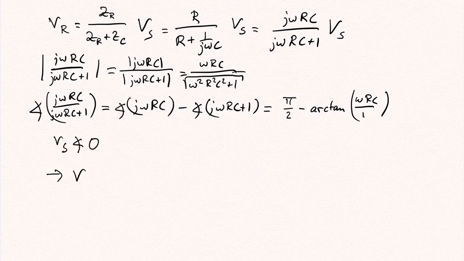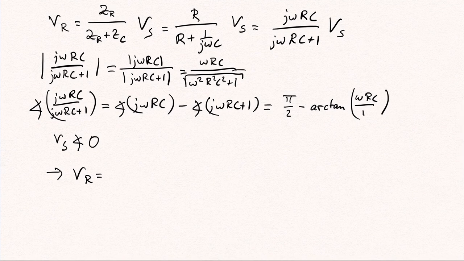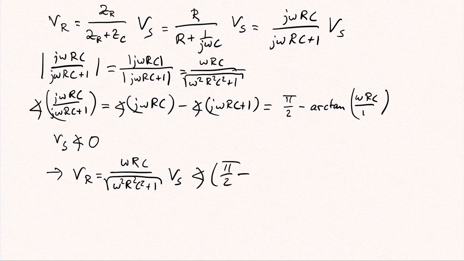Then VR in phasor domain is equal to omega RC divided by the square root of omega squared R squared C squared plus 1 times Vs with phase pi half minus arcus tangens of omega RC. If we wanted to convert this back into the time domain or into the trigonometric form, we first would need to know which sinusoidal signal we used.